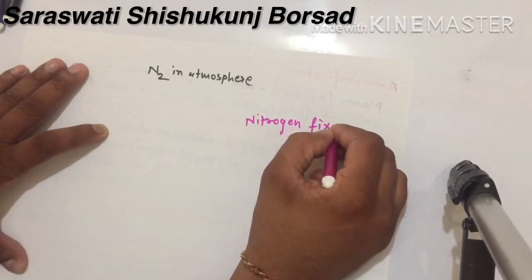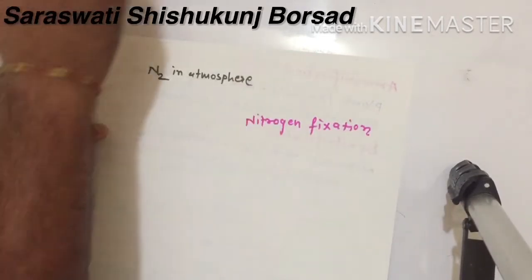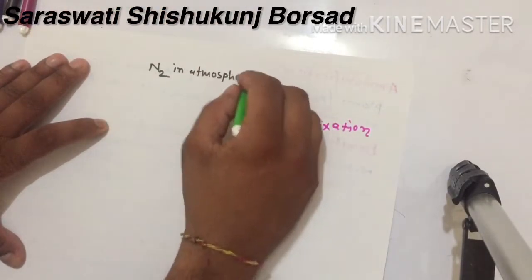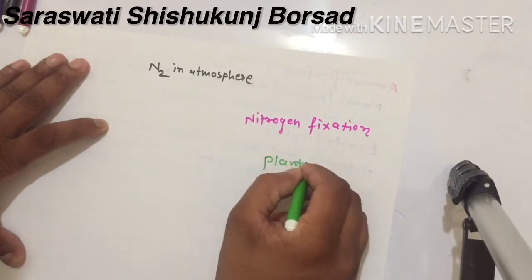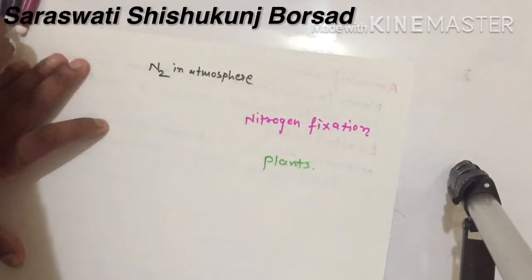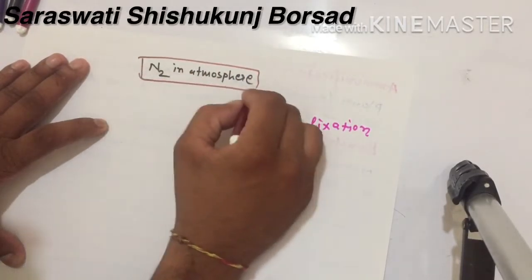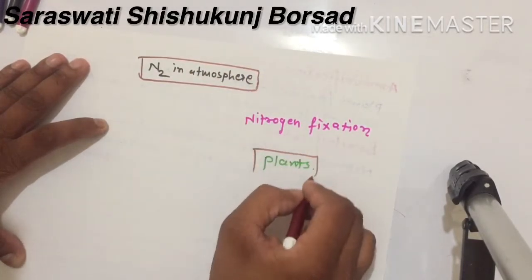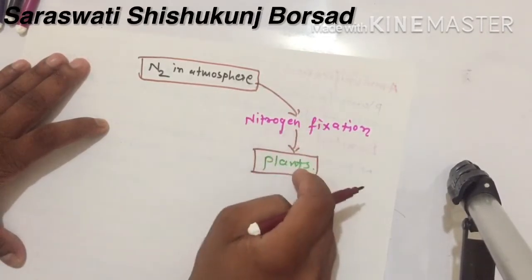During this process of nitrogen fixation, nitrogen will get into plants and into soil. So nitrogen present in atmosphere will get into plants by the process of nitrogen fixation.